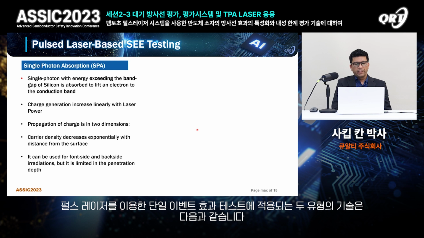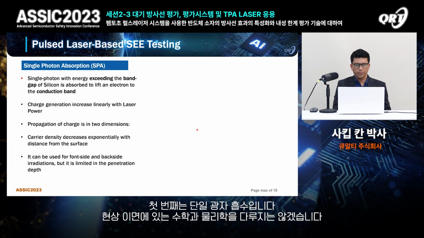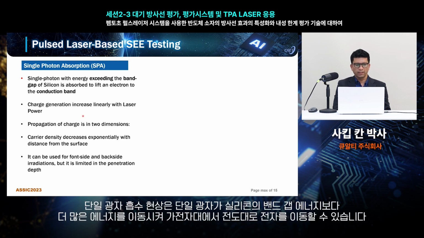There are two types of techniques used in pulsed laser based single event effect testing. The first one is single photon absorption. I will not go into the mathematics and physics behind this phenomenon. Single photon absorption is a phenomenon in which a single photon carries energy more than the band gap energy of silicon, so it is able to excite an electron from its valence band into the conduction band.